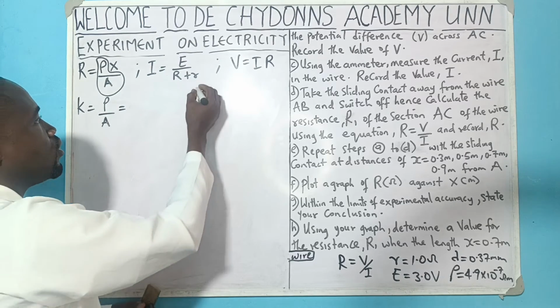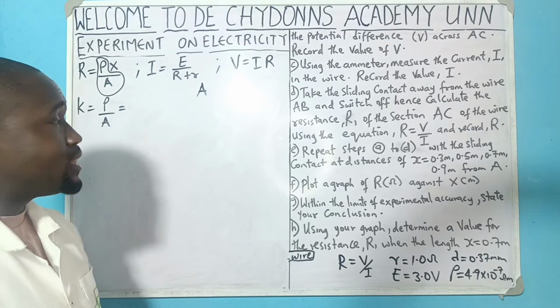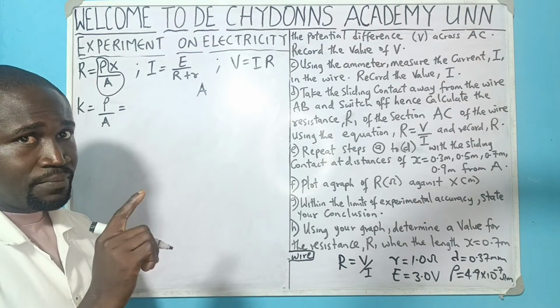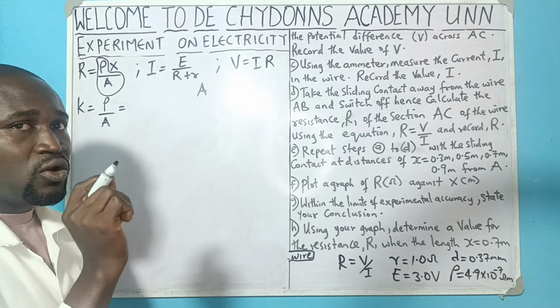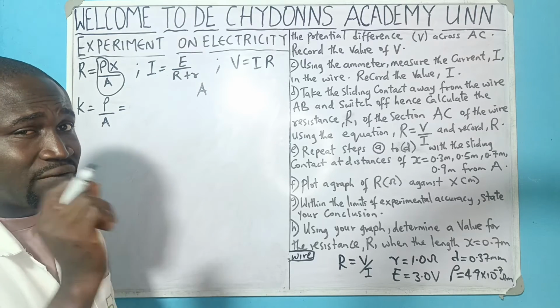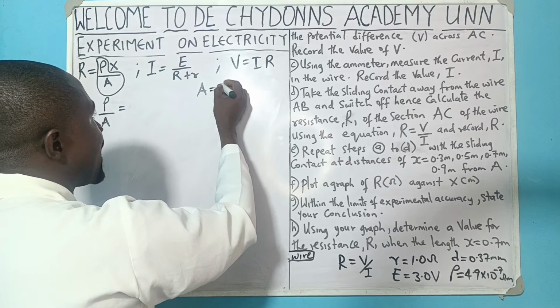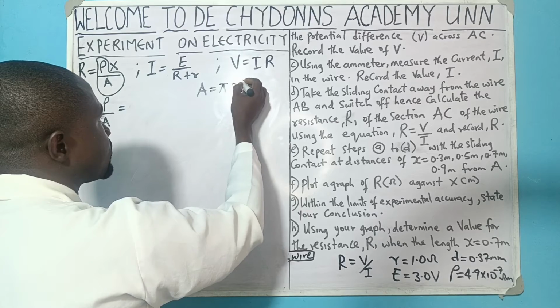Our A, the area of the constantan wire: when you look at the tip of the wire, it looks as if it is circular. So the formula will be pi r squared.